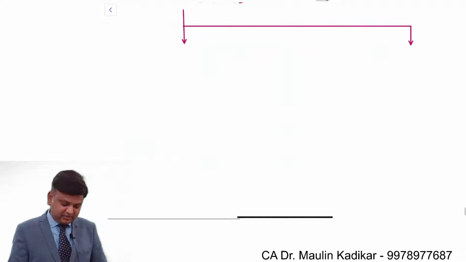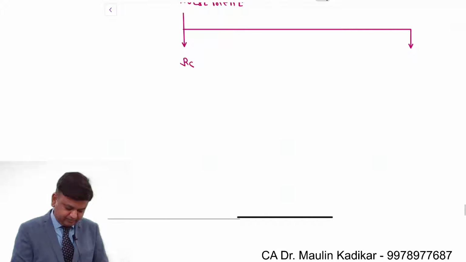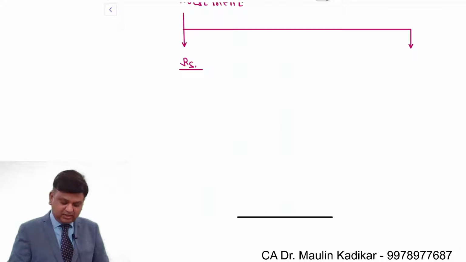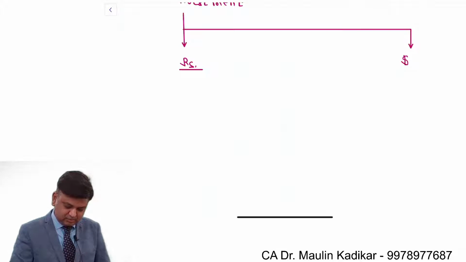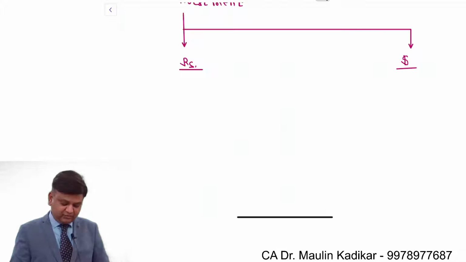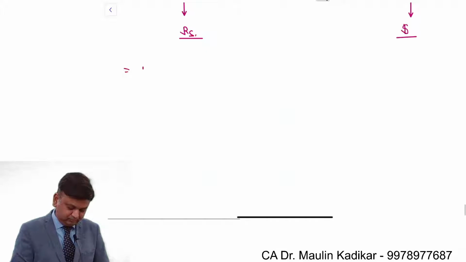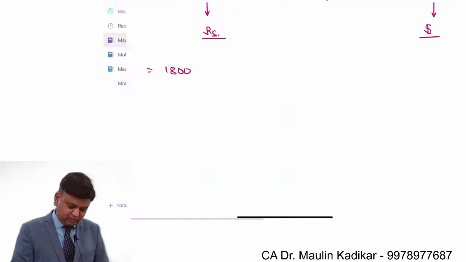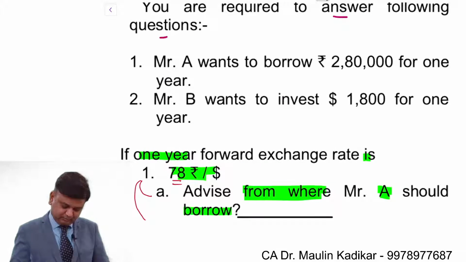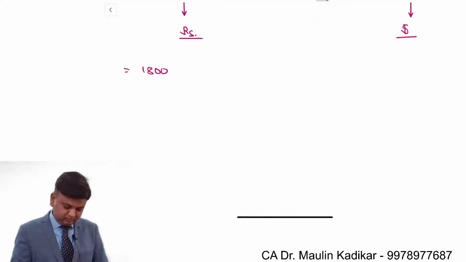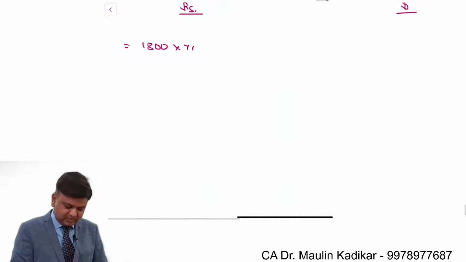One is that you will invest in rupee currency, and another is that you invest in dollar currency. If you invest in rupee currency, 1800 into 70 into 1.15 divided by 72.